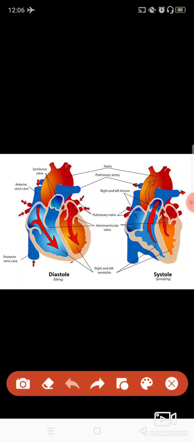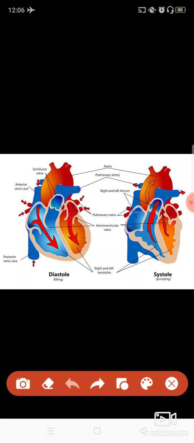When the diastole is there, diastole means when the muscles of the heart are completely relaxed, then the blood will move from different parts of the body to the heart, and it will move from pulmonary veins to the heart. It will happen during the diastole phase.